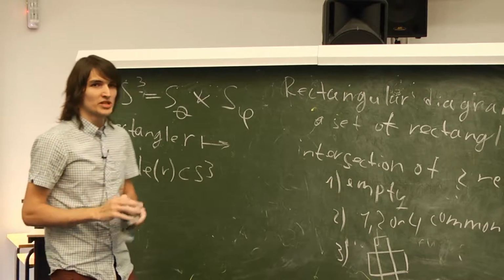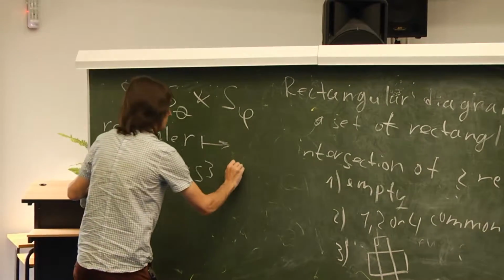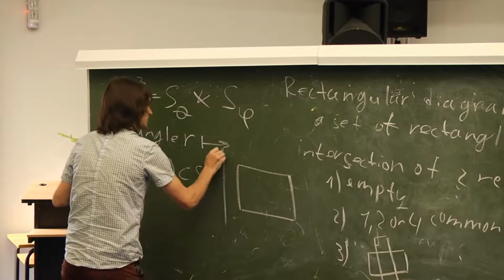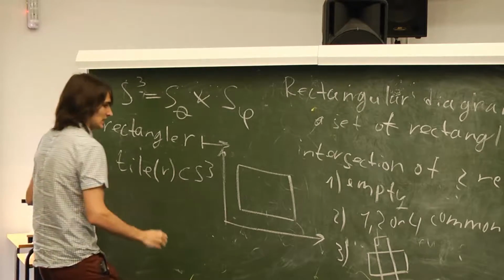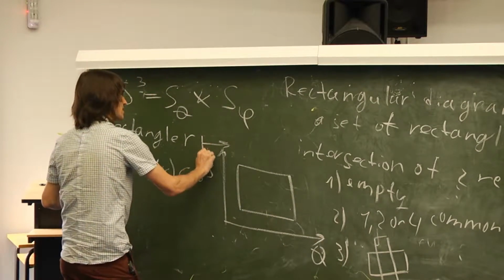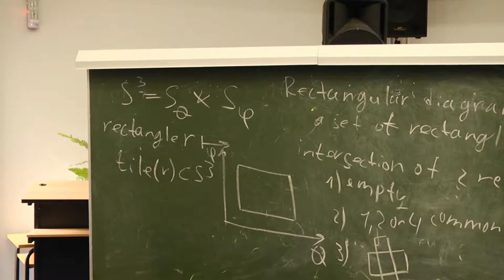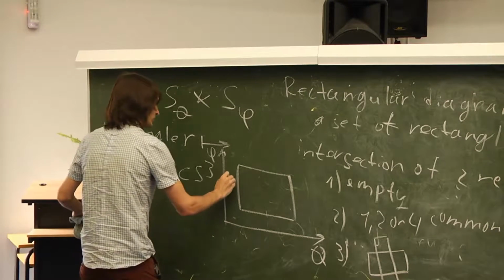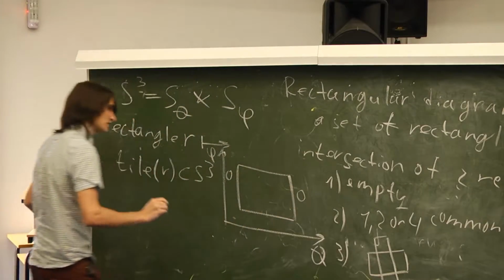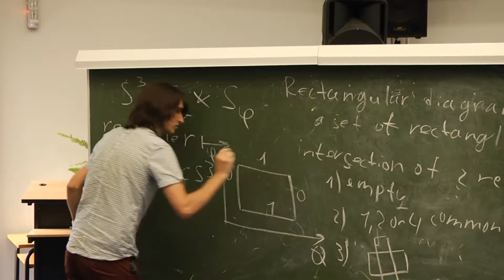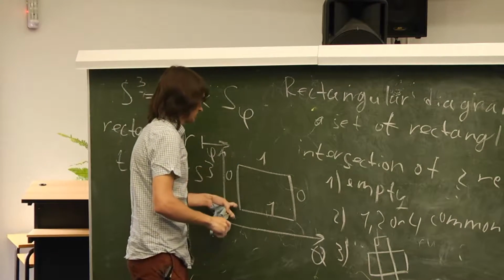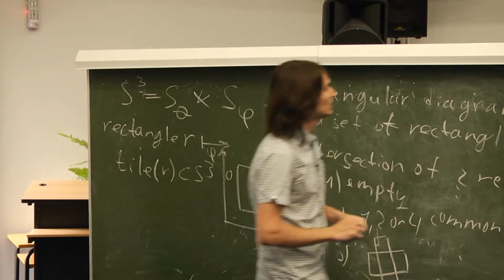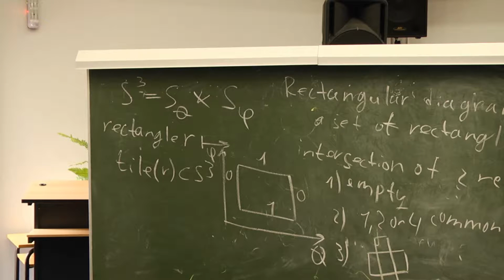This is the graph of some function. Take some rectangle, theta, phi. This function equals 0 on two opposite sides and 1 on the other two opposite sides. Here we have 0 and here we have 1.